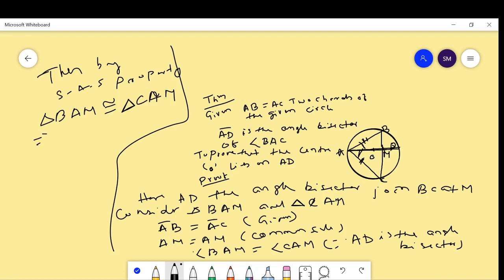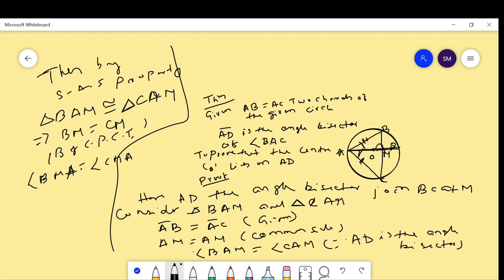This means BM is equal to CM by CPCT, and angle BMA is equal to angle CMA.